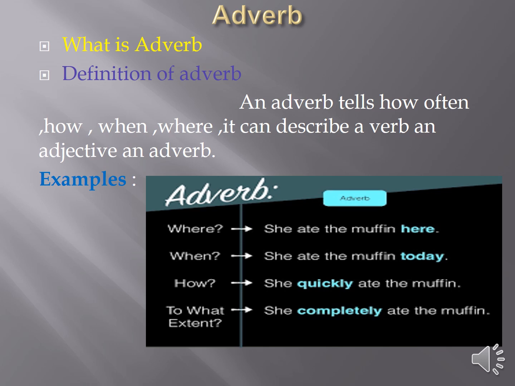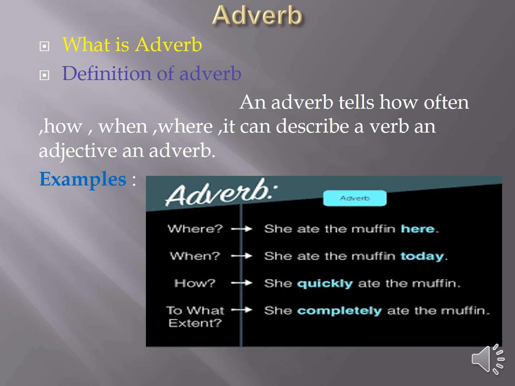So if an action happens, when it happens, where it happens, how it happens, this is all about that. In the example, we can say where that incident happened. So if we take "where," it tells us that she ate the muffin here. They were asking where, and the answer will come as "here." Here they ate the muffin.